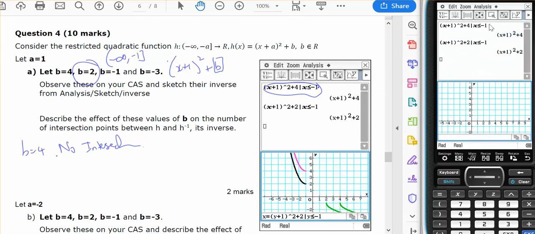Okay, so what have we got? We've got this, analysis, sketch, inverse. Beautiful. So b equals -1. So I'm guessing when b equals -1 that they will touch.